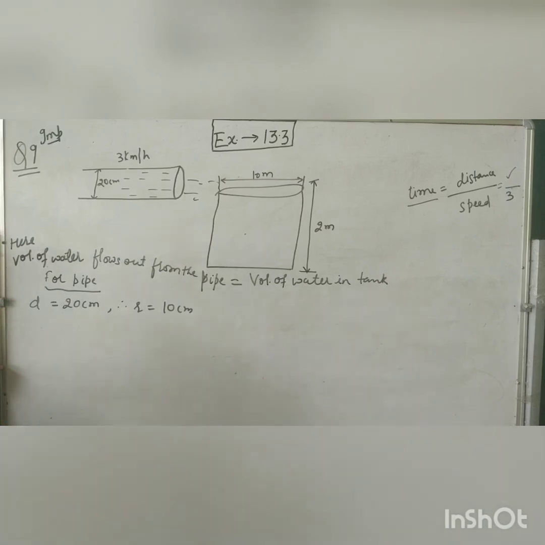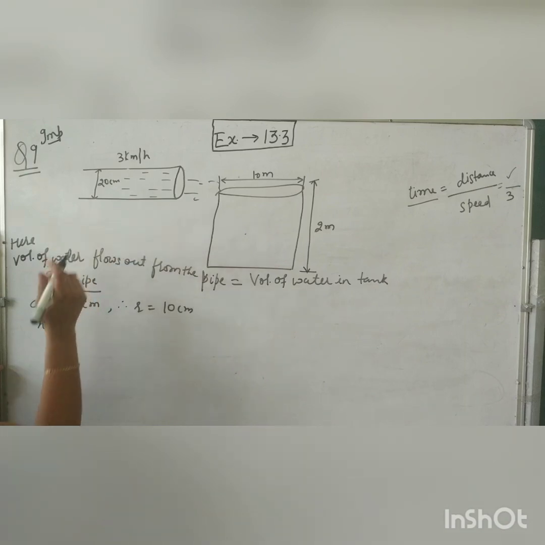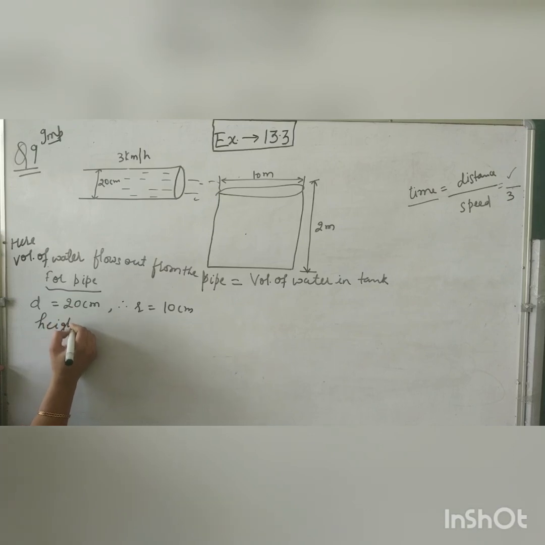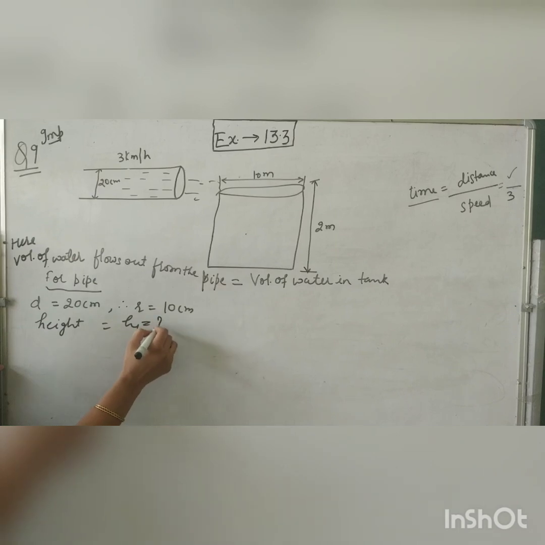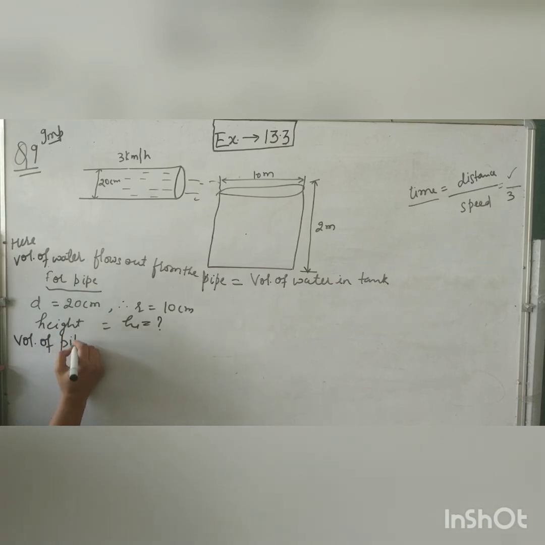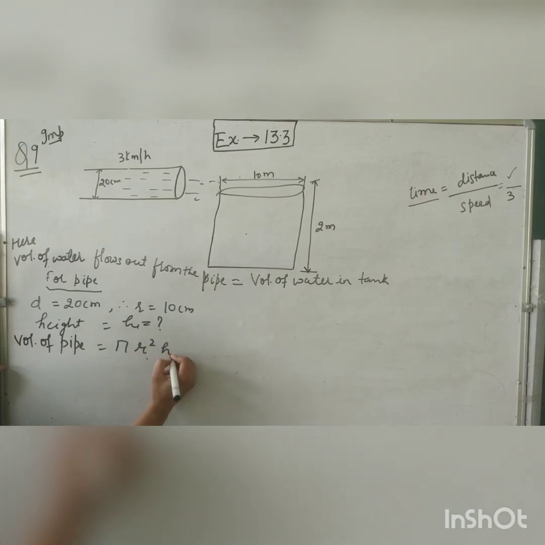No. Height of this cylinder, this pipe, let it be h1, that we have to find. Okay, so volume of pipe will be pi r1 square h1.